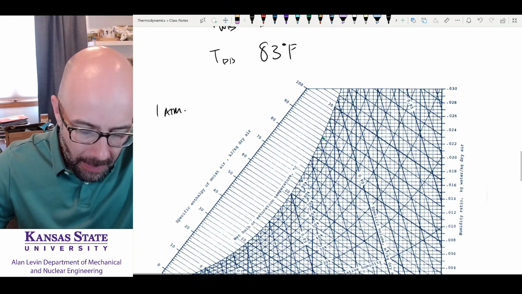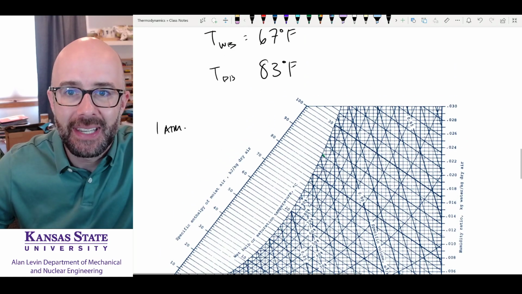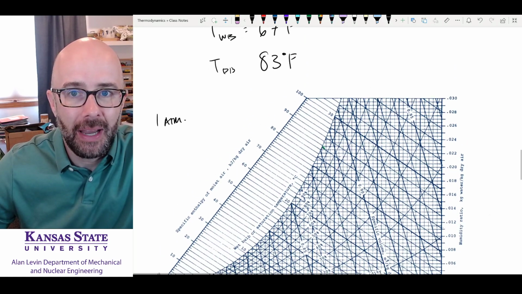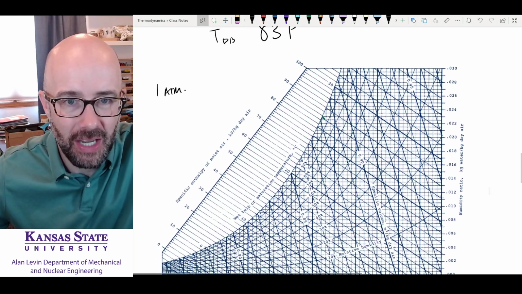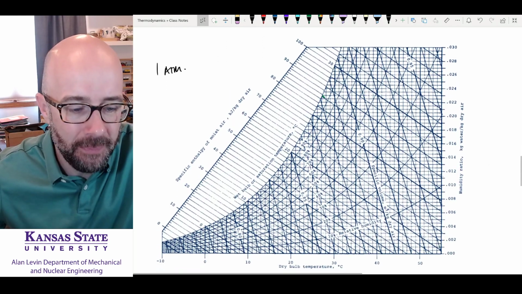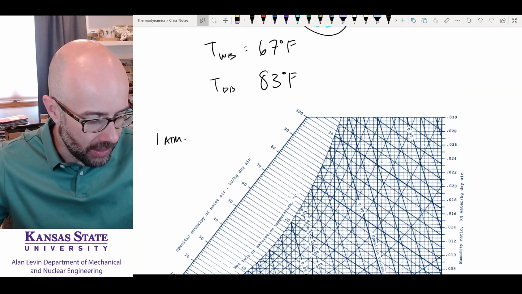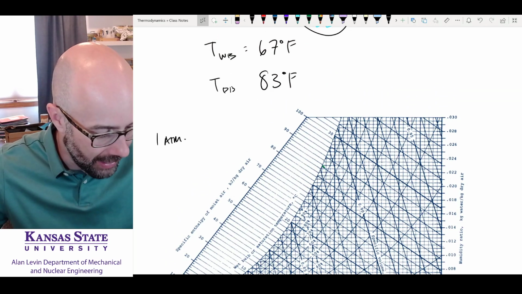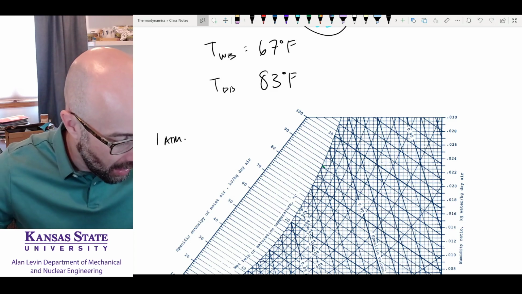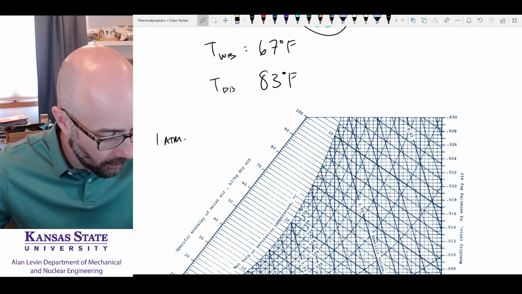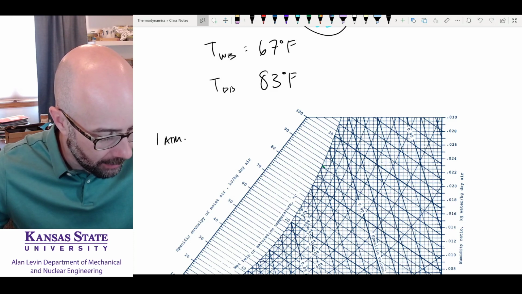Okay. I told you the wet bulb temperature was 67 degrees Fahrenheit and the dry bulb 83 degrees. I can't use this chart with those units, so let's just convert here quickly. Let's convert 67 degrees Fahrenheit into Celsius. Let me go to Google here.